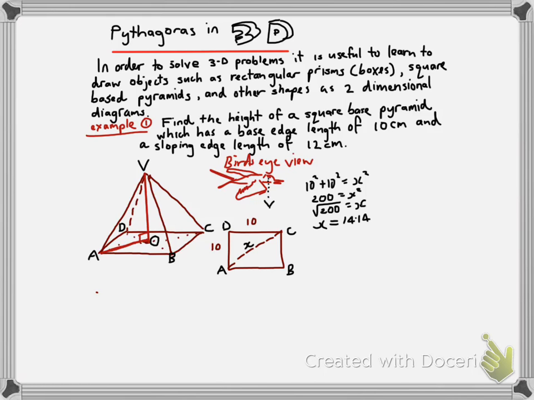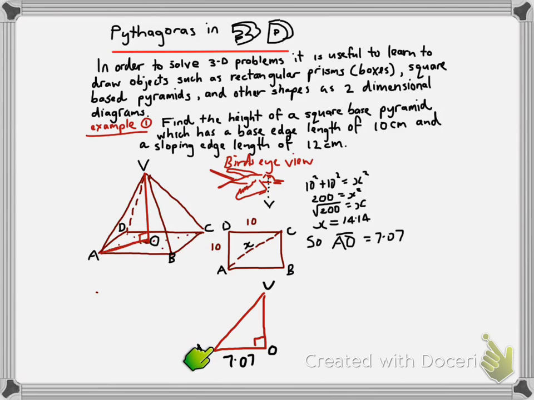The square root of 200 is 14.14. Now remember that we're interested in looking at this half diagonal here, so we're going to halve our value for x. So we halve our 14.14, so the distance from A to O, which is the centre of our base, is going to be 7.07.